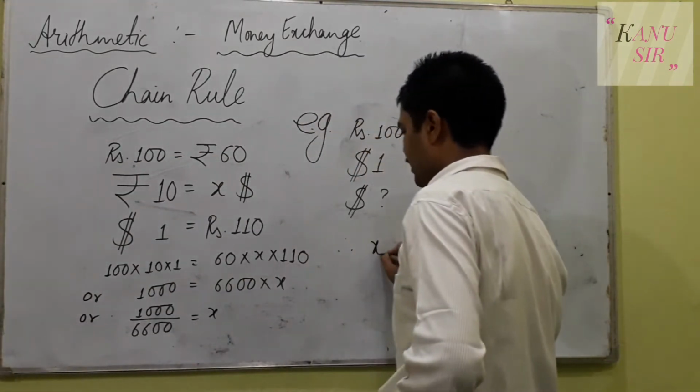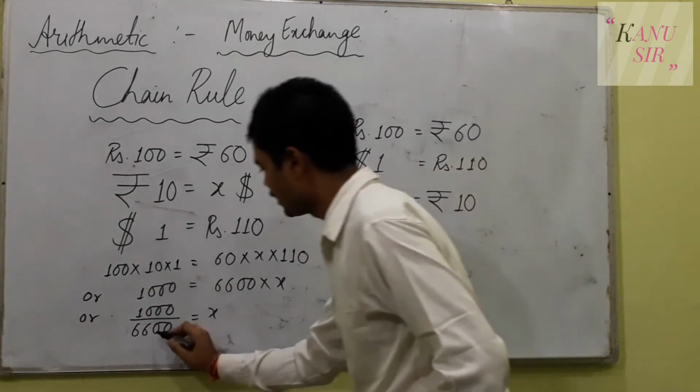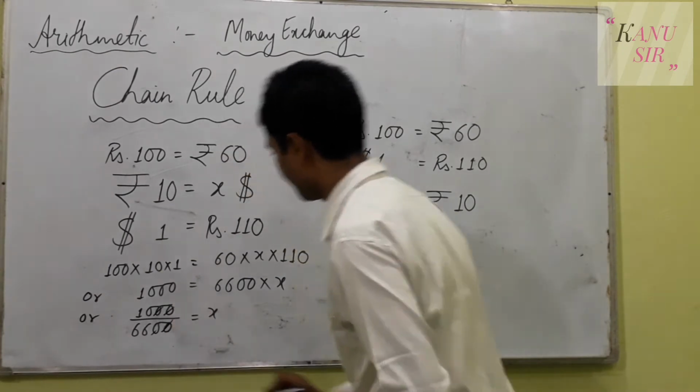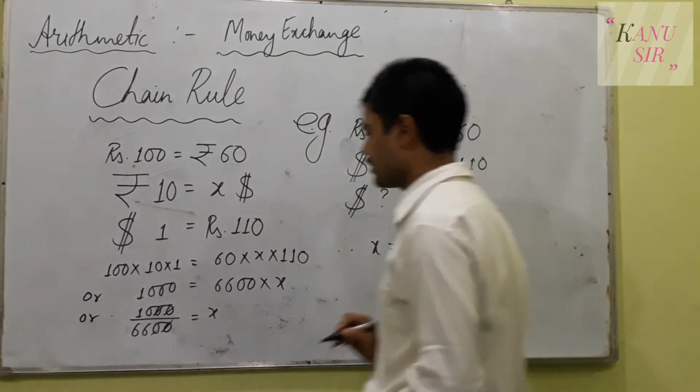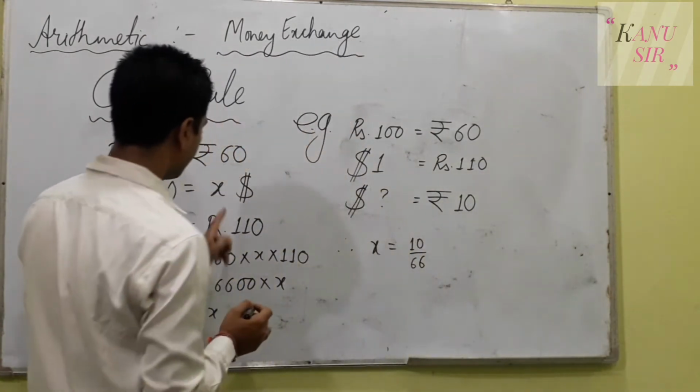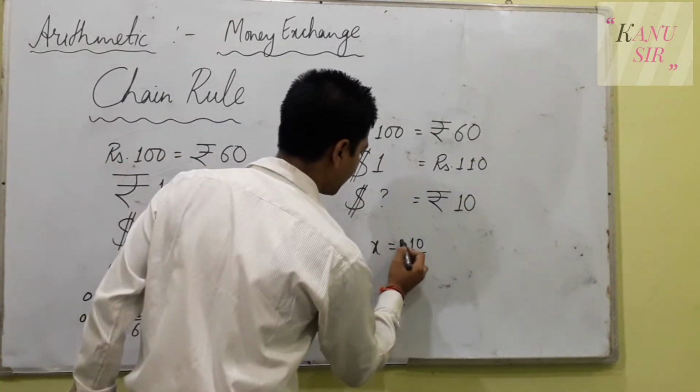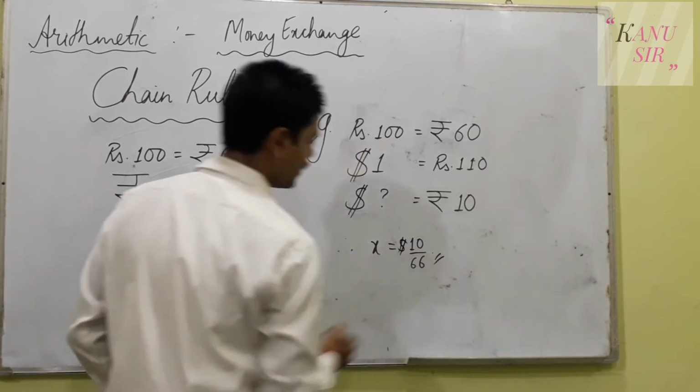Therefore, x is equal to 10 by 66 dollars.